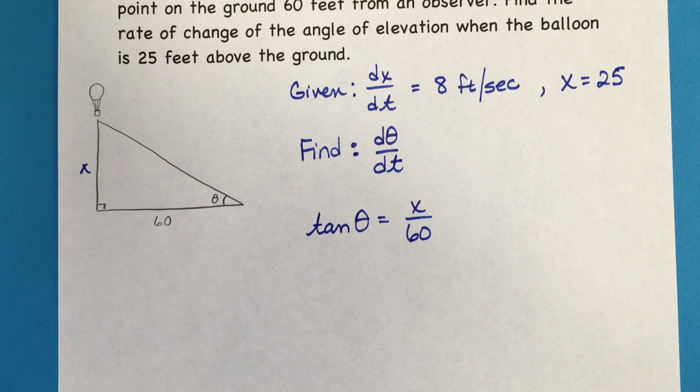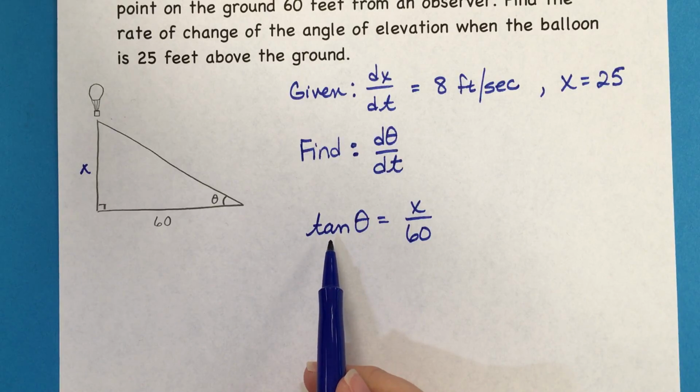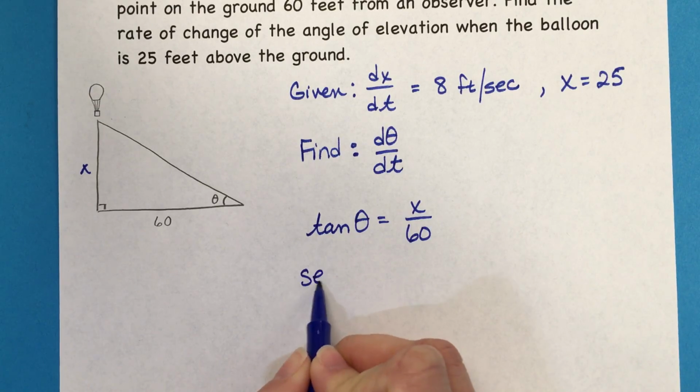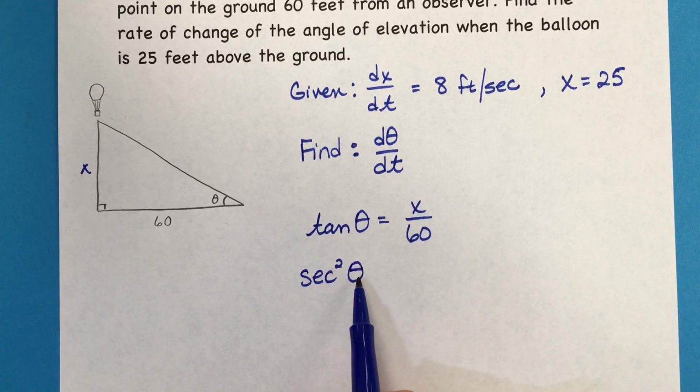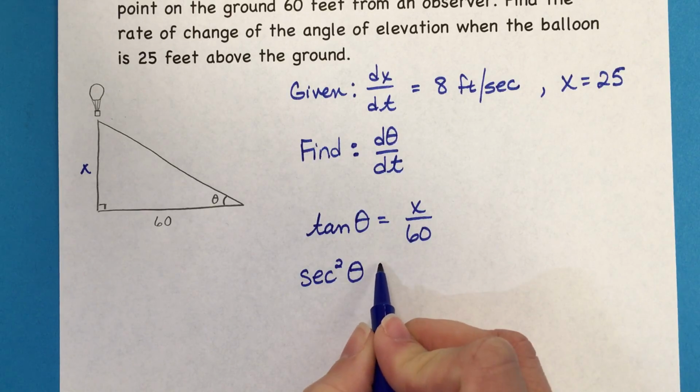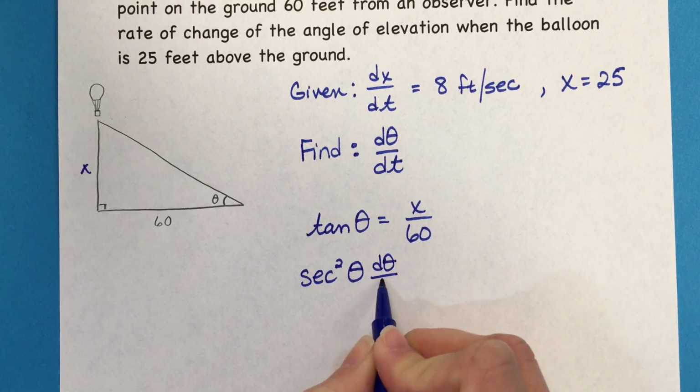Now, do our differentiation. So the derivative of tangent is secant squared. And then you have to apply your chain rule, remember, and take the derivative of the argument, but the derivative of theta would just be 1, times d theta dt.